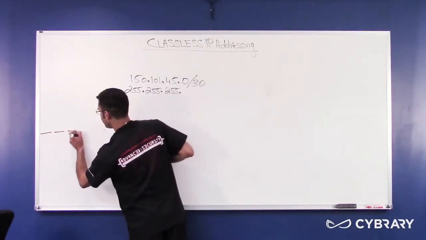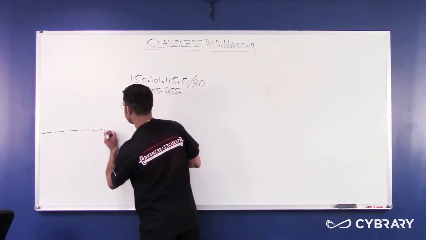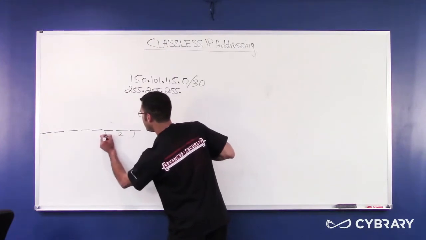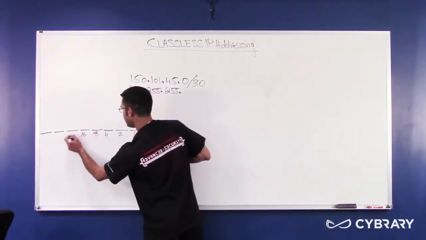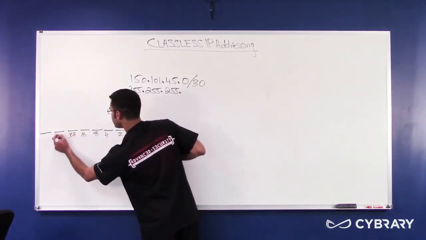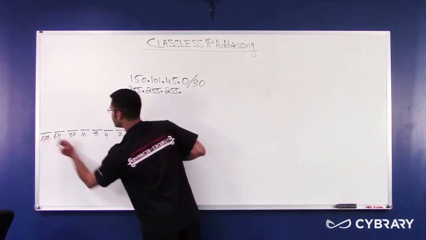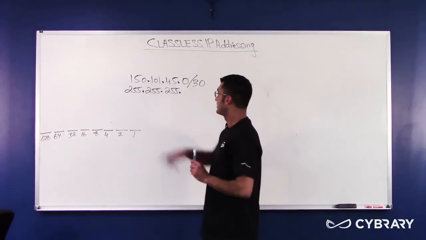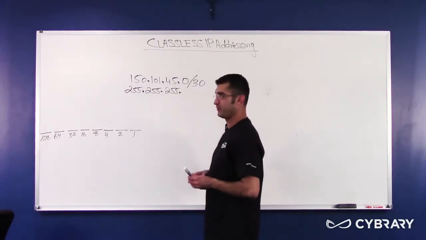1, 2, 3, 4, 5, 6, 7, 8. 1, 2, 4, 8, 16, 32, 64, and 128. So the first, second, and third octet make 24 bits. 8 plus 8 plus 8 is 24.